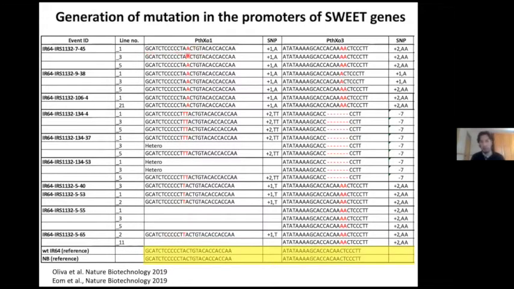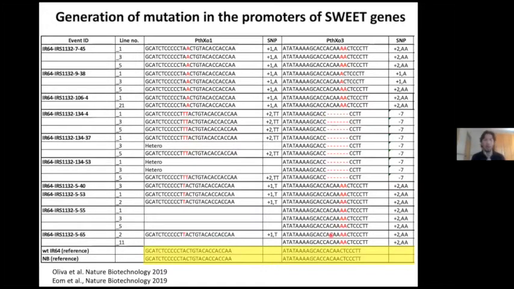So for instance, 1 A insertion, a couple of T's, 1 T. Here in a different sequence, we have 2 A's insertion. We have a deletion of 7 base pairs in here, and so on.